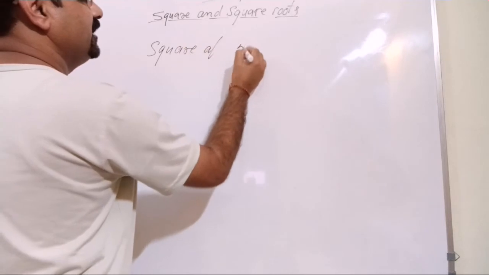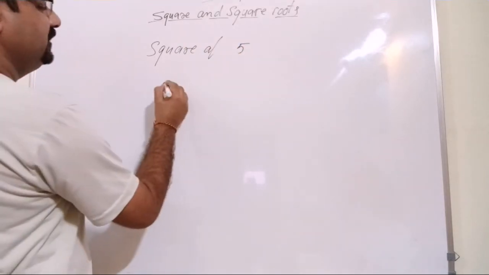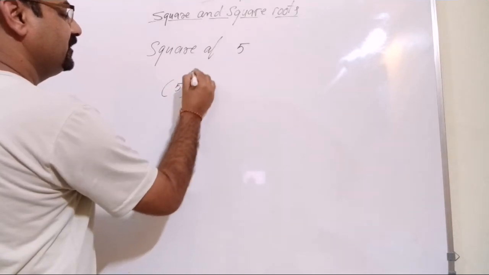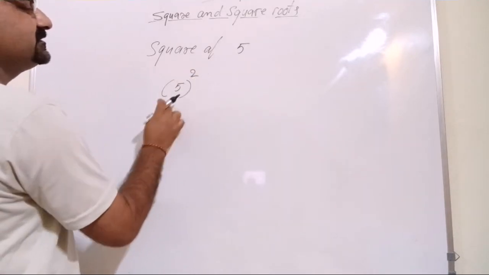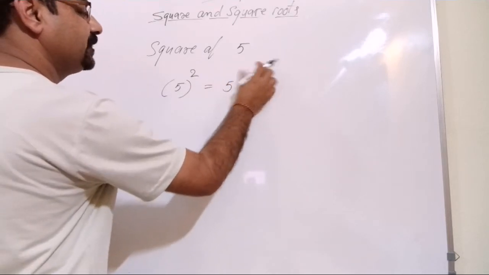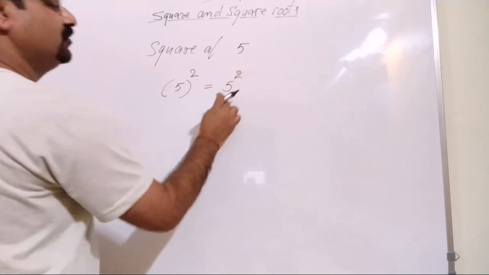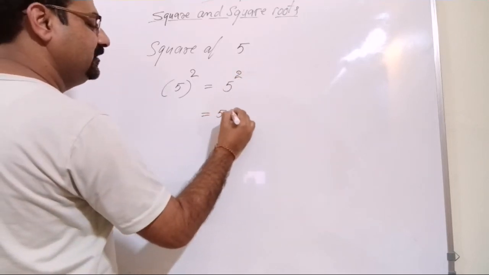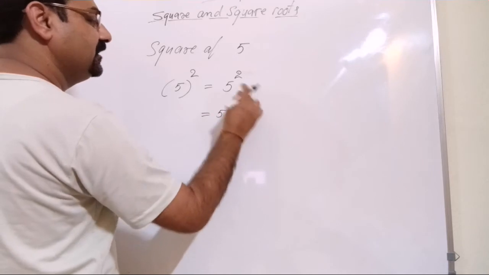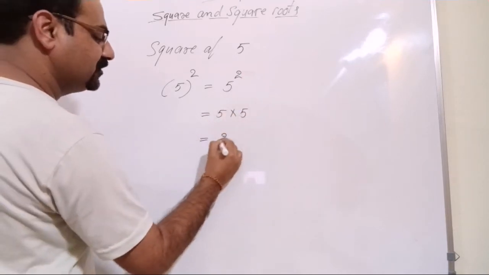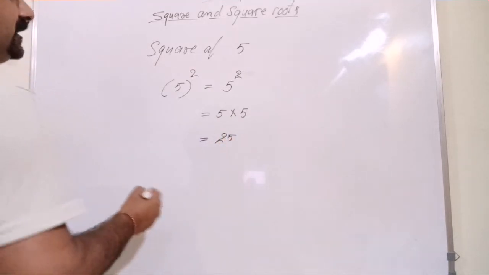So what is the square of 5? We write the number like this: if we write the power of 2 on 5, this is the square of 5. We write 5 square is equal to 5 into 5, and this is 25, right beta?